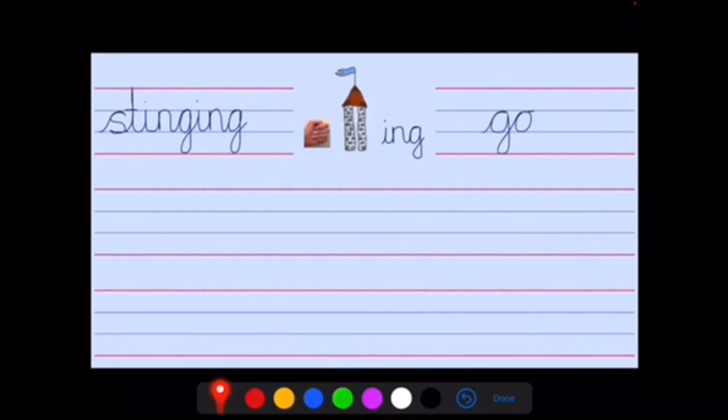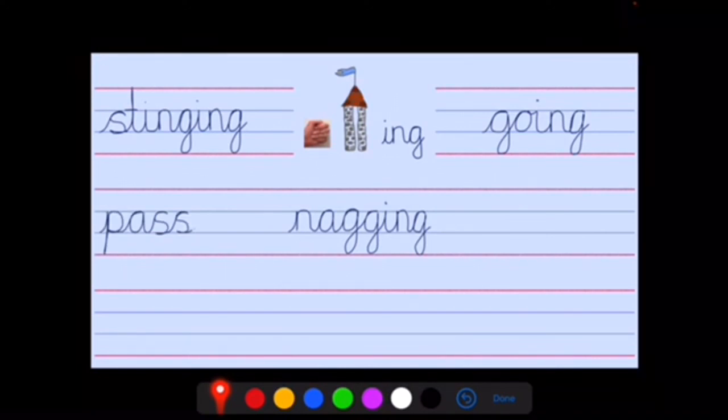Go. Well, there isn't a short vowel sound, so I don't have to worry. I just add ing. Nag. There is a short vowel sound and there is only one consonant, so I double that consonant and add suffix ing.